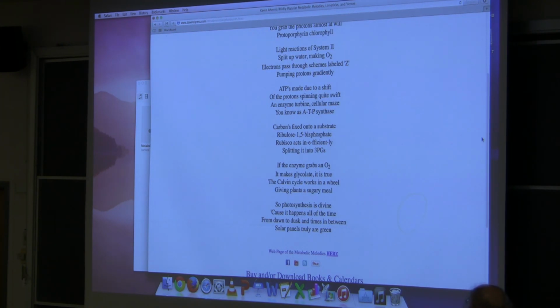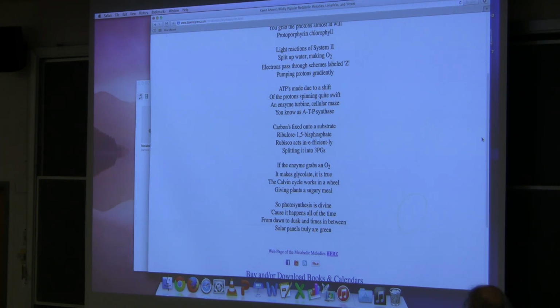Rubisco acts inefficiently, splitting it into 3 PGs. If the enzyme grabs an O2, it makes glycolate, it is true.